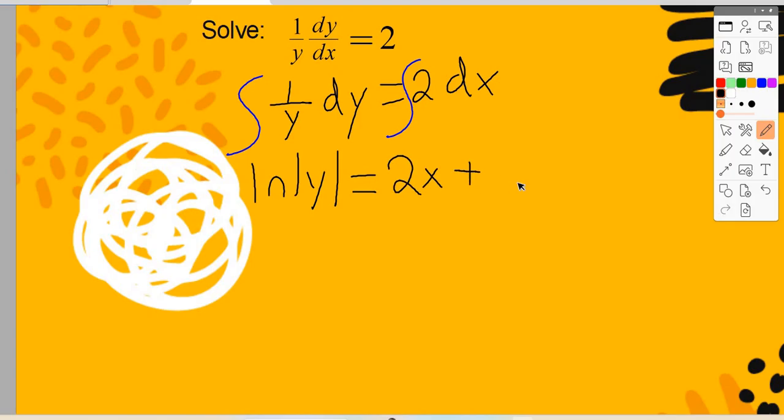Now technically I took the antiderivative on both sides, so you could put a plus c with each of those, but then notice that I could just add or subtract that c over here, and it would still just be a constant. So we generally only put a c on one side or the other, and basically that has scooped up all of the constants that could be in there. Now this is one that would be easy enough that we could solve for y. What do we do to solve for y there?